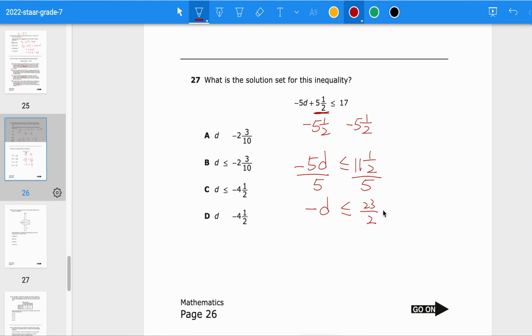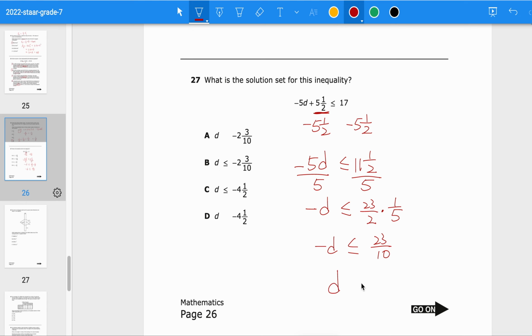Divided by 5 means multiply by 1/5. So negative d is less or equal to 23 over 10, right? Don't forget, we have a negative sign here. So if we remove this negative sign, we need to flip this inequality sign.